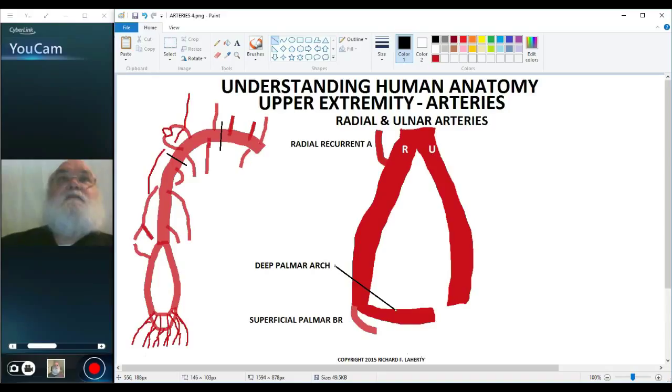Now, the ulnar artery. The ulnar artery has two branches.